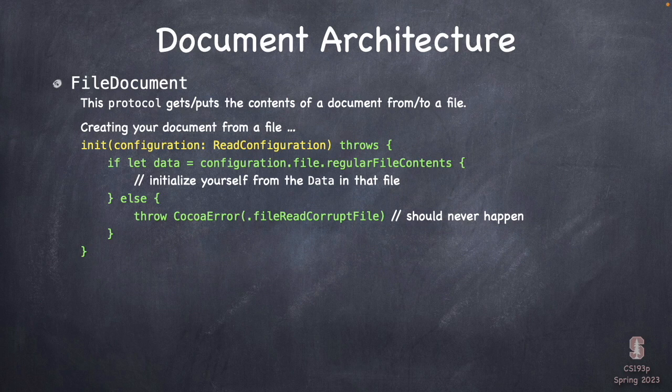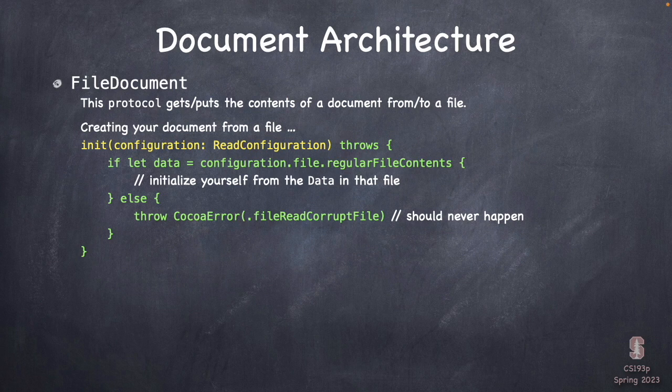You see let data equal configuration dot file, and the file struct represents a file in the file system, and dot regular file contents means give me the contents of the file as a data, which is exactly what we want. It's going to be encoded JSON. And then we just initialize our model. We're just going to say emoji art equals that thing from the JSON, and we're on our way.